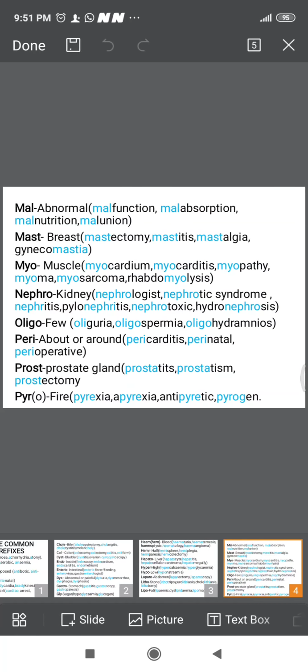Another prefix we have here is mal, which stands for abnormal. Example: malfunction. It's seen in inflammation, whereby there is abnormal functioning of a cell or organ when affected. We have malabsorption, that is faulty absorption of nutrients in the GIT, gastrointestinal tract, which can result in constipation or diarrhea.